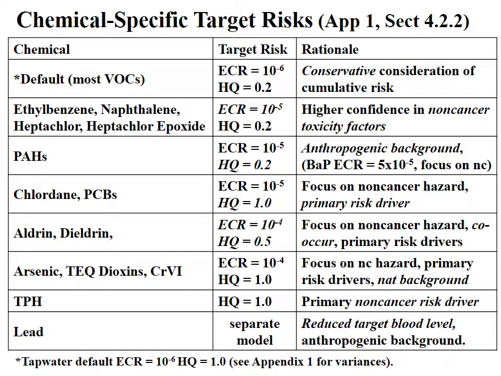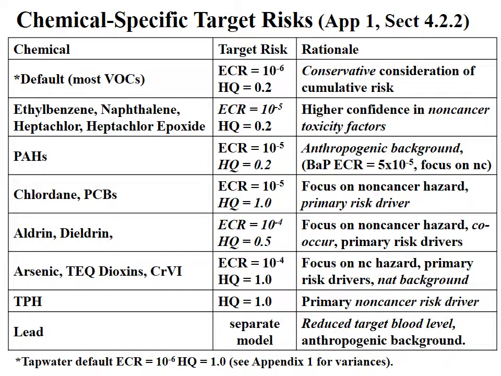But we can start to back off from there. We start looking at compounds like ethylbenzene, naphthalene, heptachlor, heptachlor epoxide, and looking at the toxicity studies from a cancer standpoint. We have much higher confidence in the non-cancer toxicity studies than the cancer toxicity factors. So in these cases, we back off to an excess cancer risk of 10 to the minus 5.